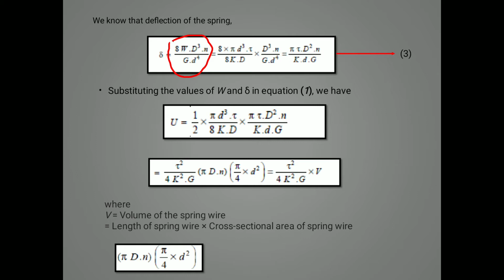So you can see here, pi d cube into 8 upon, it is simplified like this, 8WD.